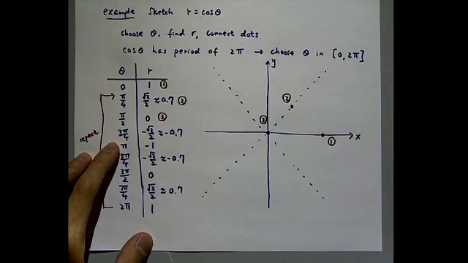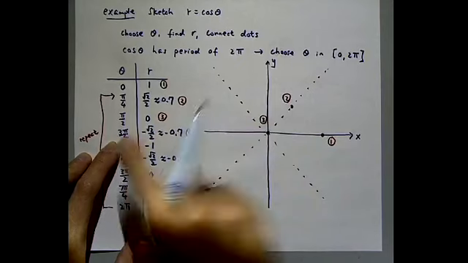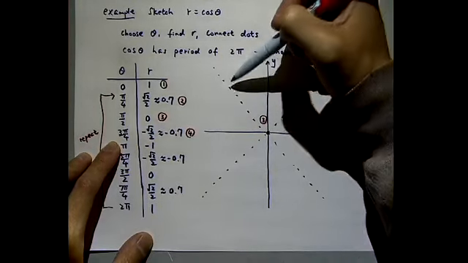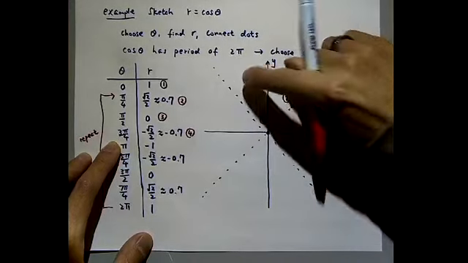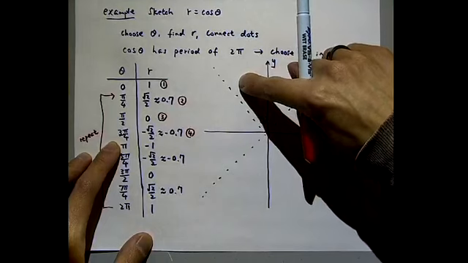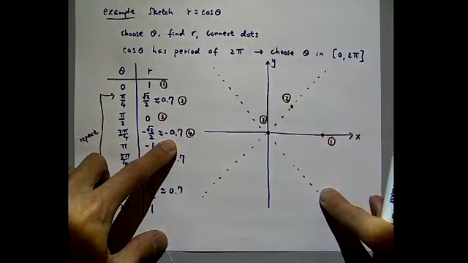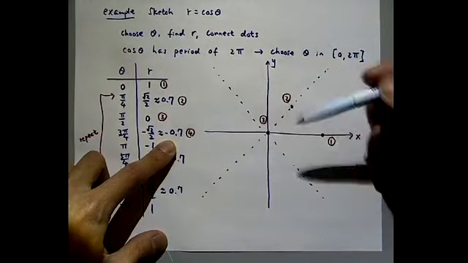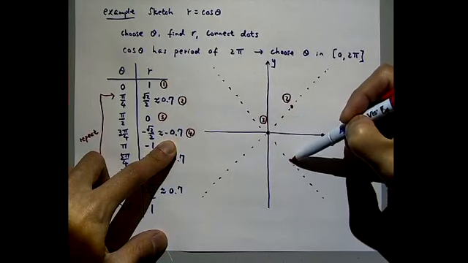So far, so good? Let's keep going. 3 pi over 4. 1 pi over 4, 2 pi over 4, 3 pi over 4, right here. 3 pi over 4 puts me in the second quadrant, but my negative r kicks me into the fourth quadrant. Remember that? So it's negative 0.7, which is right here.